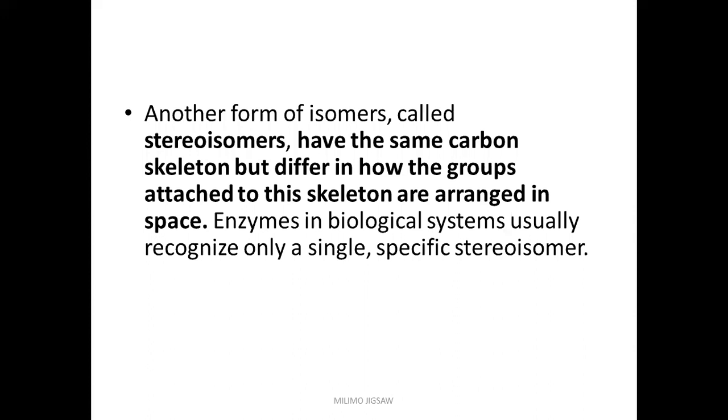So the stereoisomers contain the same atoms that are bonded identically, but the bonded atoms are oriented differently in space. That is to say that they have identical bonding constitutions, but they differ in how the atoms are oriented in space around the atoms to which they are bonded.